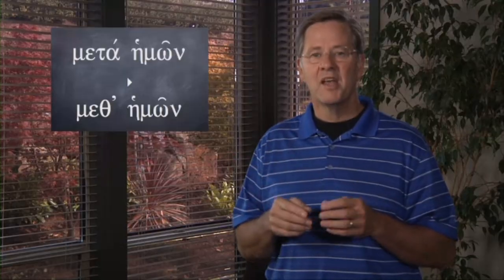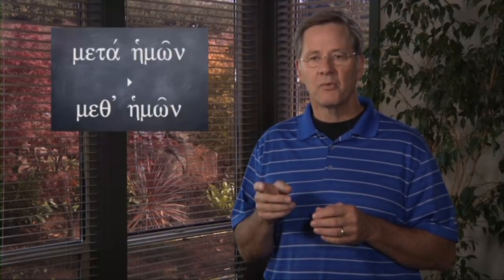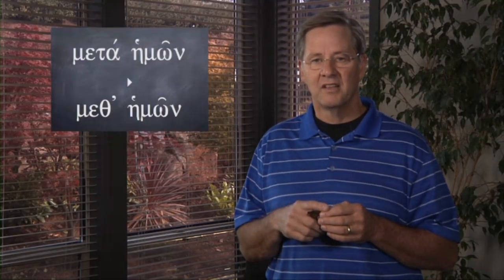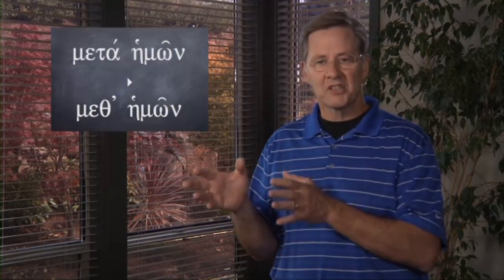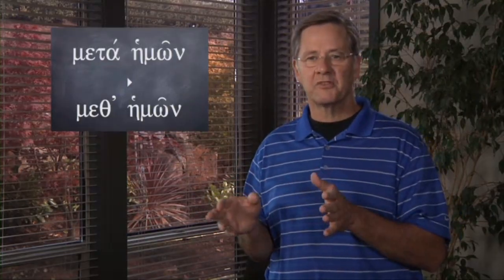It's hard, isn't it? Met' hemon. So what happens? The tau aspirates to a theta, and it goes to meth' hemon. So the basic rule is if you have a preposition ending in a vowel and the next word begins with a vowel, it's possible for that final vowel in the preposition to drop.